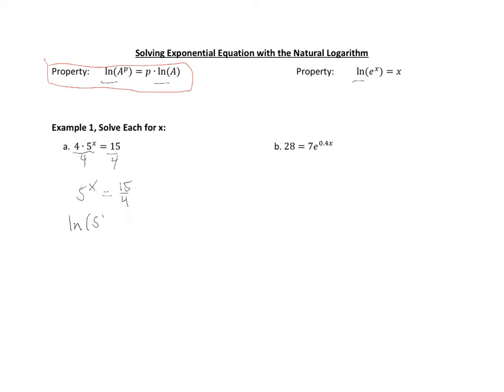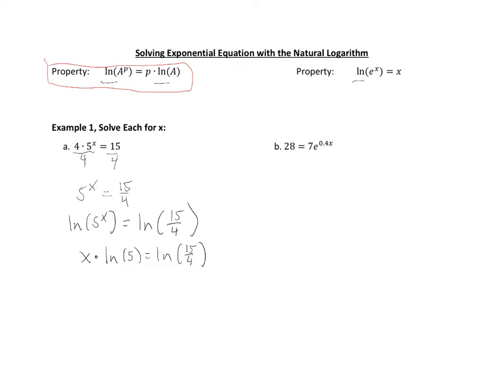So the natural log of 5 to the x equals the natural log of 15 over 4. And using that property, what we actually have is x times natural log of 5 equals natural log of 15 over 4.